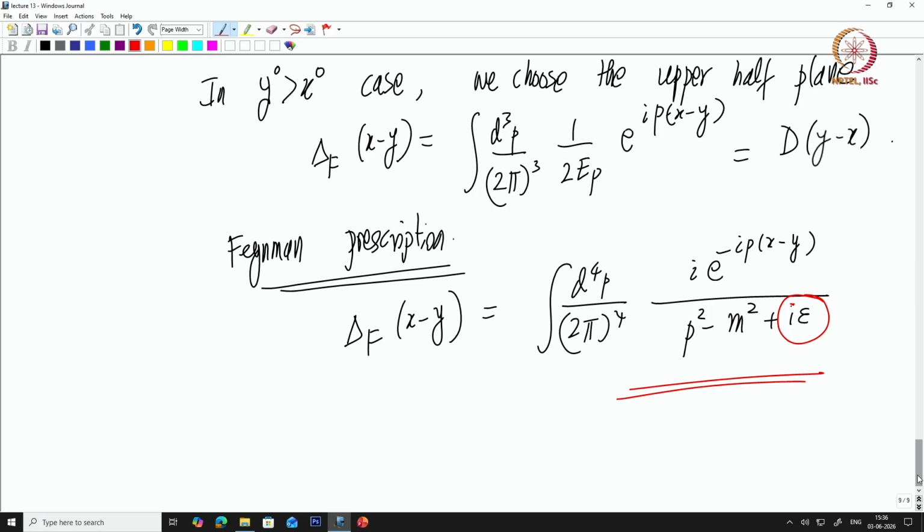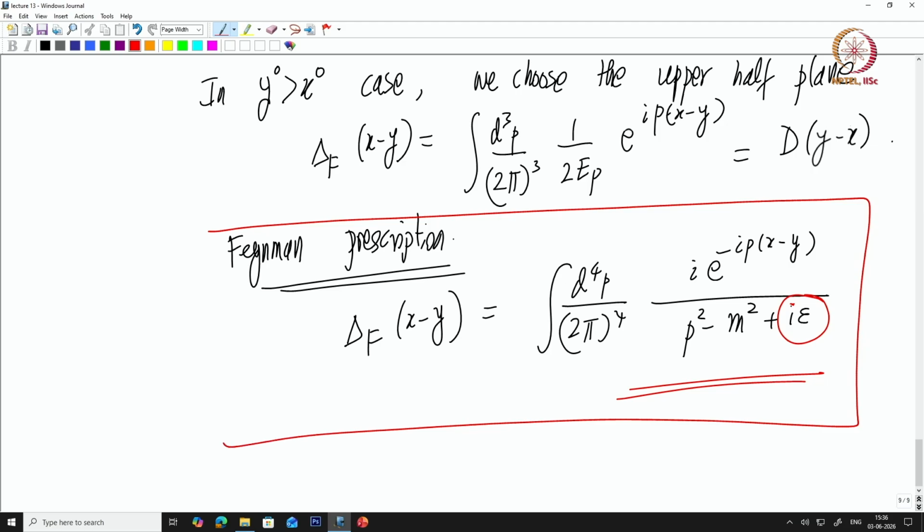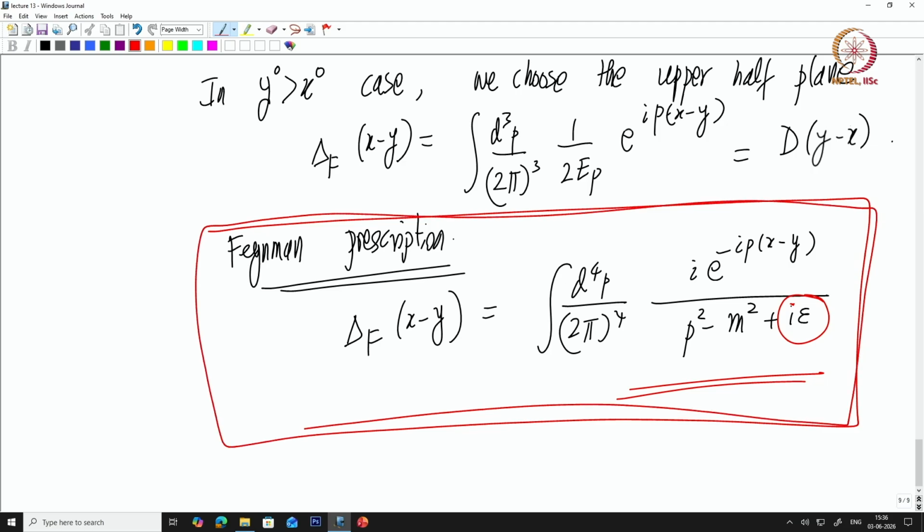So this epsilon tells you to make the correct choice of the contour depending upon whether x0 is greater than y0 or y0 is greater than x0. This forms the so-called Feynman propagator, and this is how we typically denote the Feynman propagator in all interacting theories, when you are calculating processes, decays, cross sections and everything.